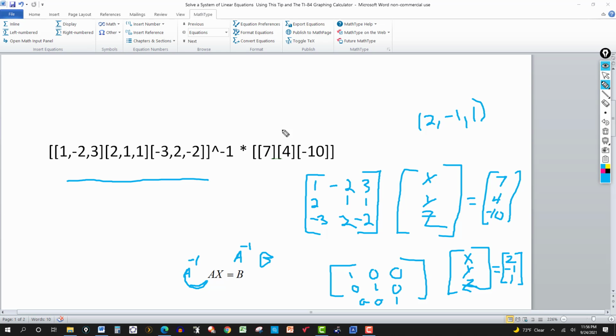And obviously, right here, you're multiplying those constants on the right side. And then we got the 2 and negative 1. But because of the way the multiplication is defined, this just gives me that x is 2, y is negative 1, and z is equal to 1. Okay. That's why it works.